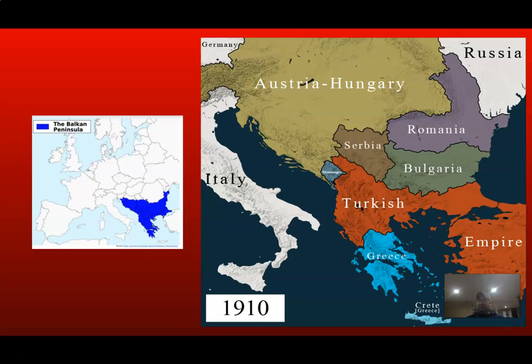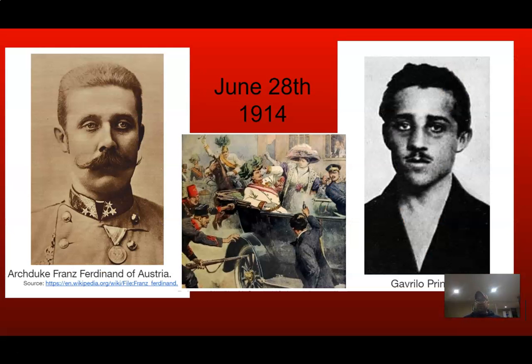And you guys have heard this story, and there's a video attached, so I'm not going to go crazy with telling you about this. But the spark that ignites World War I revolves around the assassination of the Archduke Ferdinand by Gavrilo Princip. Princip was a Serbian nationalist who wanted his Slavic people to be independent from Austria-Hungary.